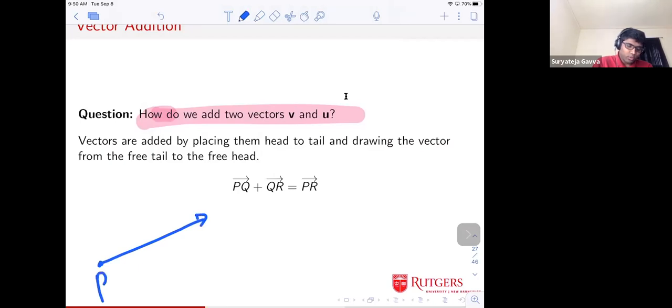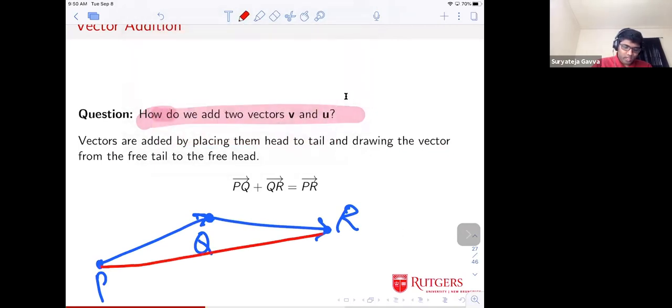So there's a vector PQ, and say there's a vector QR. So what is the sum of these vectors? By definition, if you have a vector from P to Q, and a vector from Q to R, the vector is essentially from P to R. So this is called the sum or the resultant.